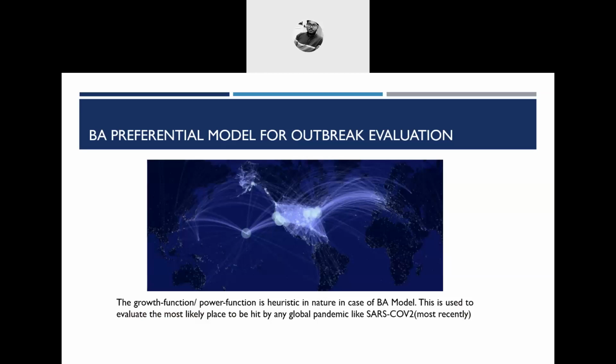What the model does is predict the places where the disease is likely to hit next. That is the main output of the BA preferential outbreak evaluation model.